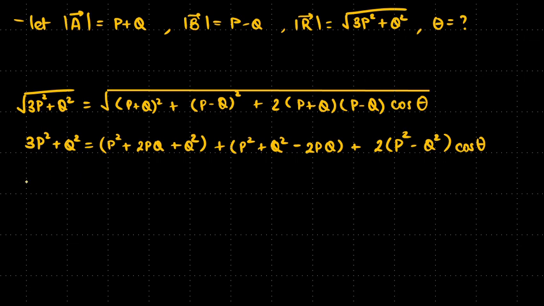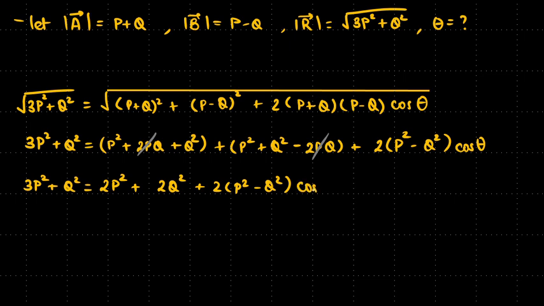Now let's compare everything. So we have 3P squared plus Q squared. There is 2P squared over here, so let's add 2P squared plus 2PQ minus 2PQ, which will cancel each other out, and we have Q squared plus Q squared, that will lead to 2Q squared, plus 2P squared minus Q squared cos theta.